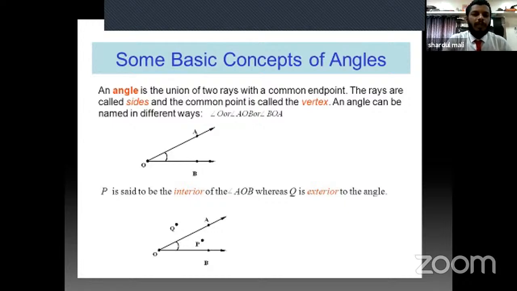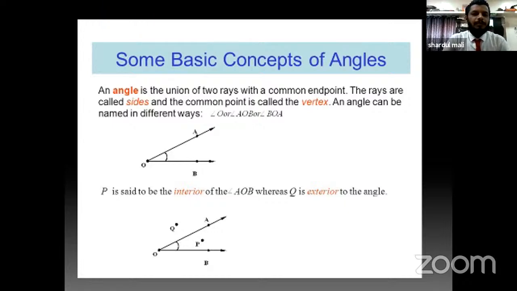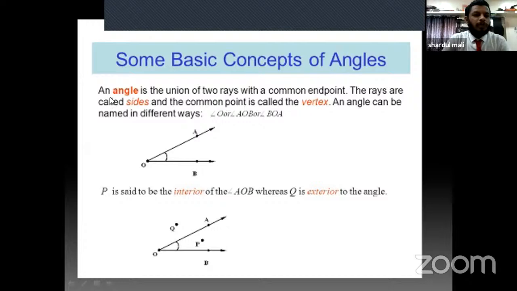After that, we take more information about angle. What is an angle, what is a bisector, what are sides or arms? Let's see. An angle is the union of two rays with a common endpoint.